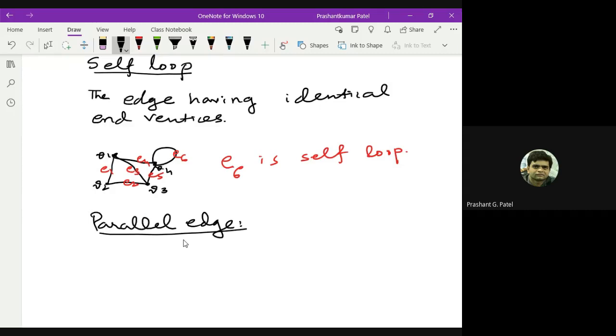So parallel edges are when there are 2 vertices that are the end points of 2 different edges. It's like this situation. So what is the definition?